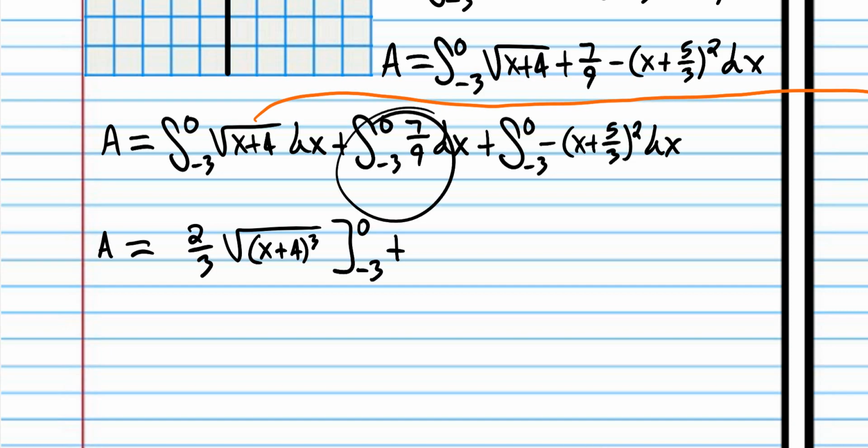Might as well. That's easy. That's going to be 7/9 x from -3 to 0.